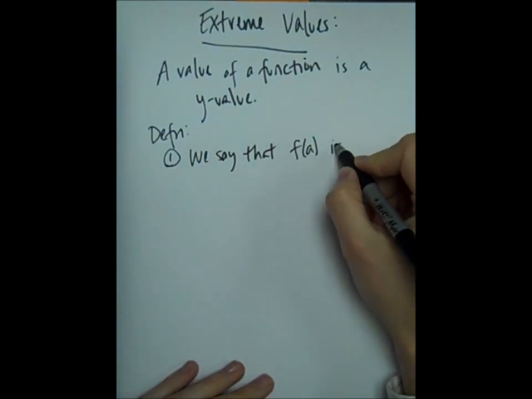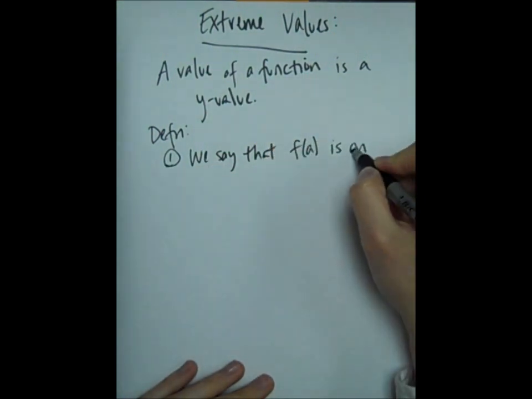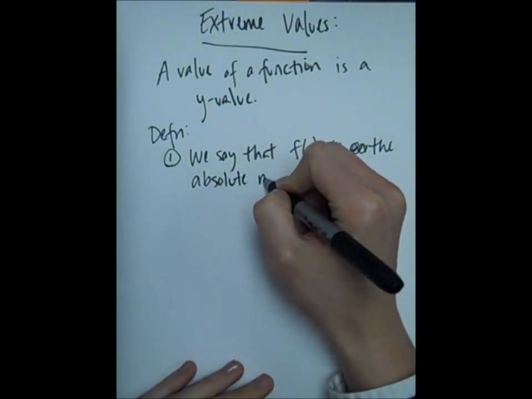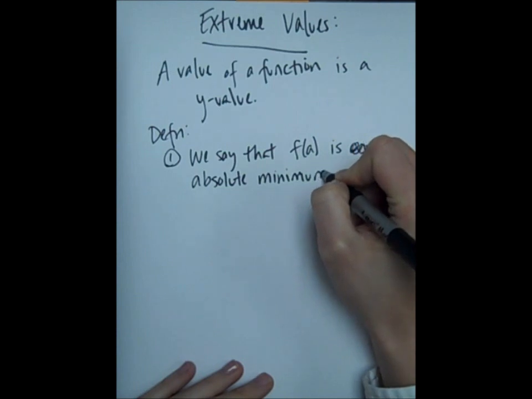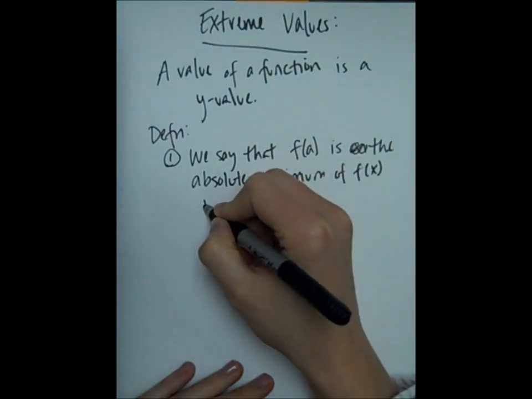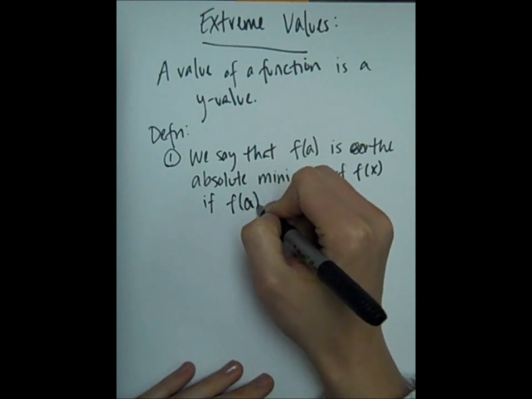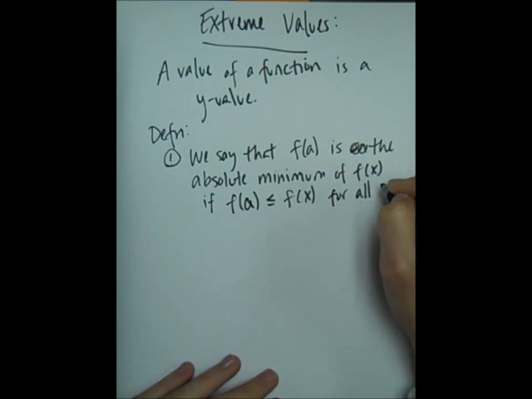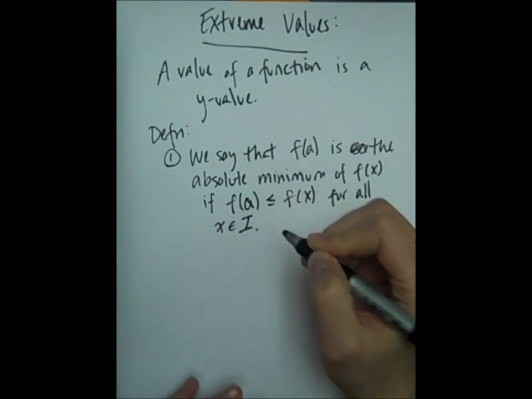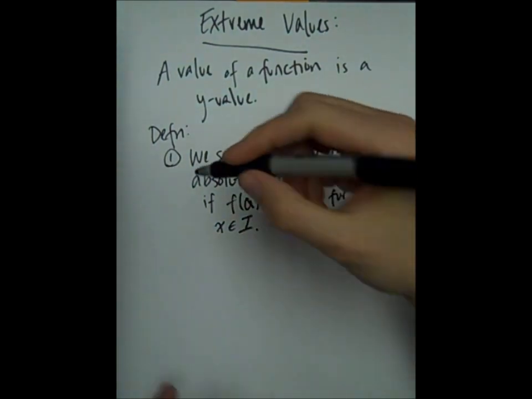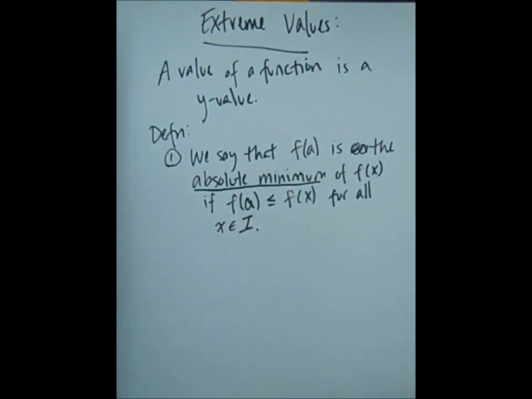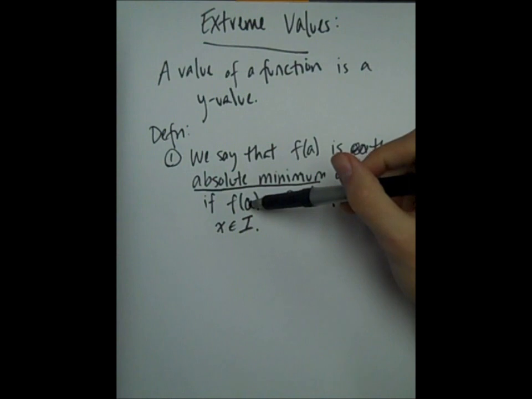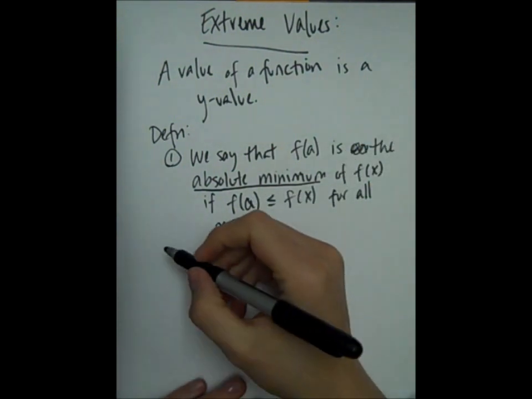We say that f of a is the absolute minimum of a function f of x if f of a is less than or equal to f of x for all x in some interval. So we're saying that f of a, so whatever y value is corresponding to x equals a, is the absolute minimum of the function if f of a is less than all of the other y values. That's what this is saying.